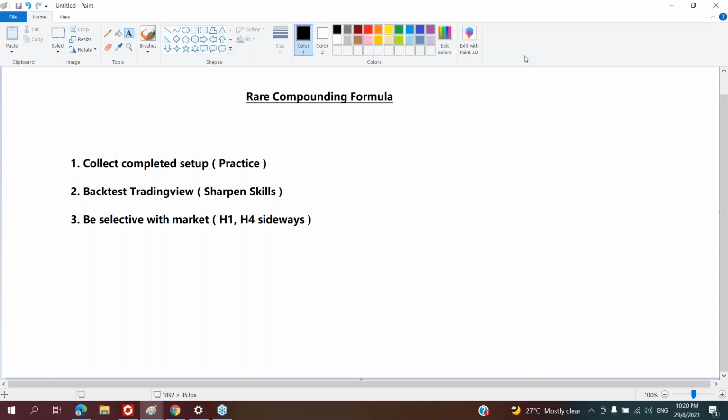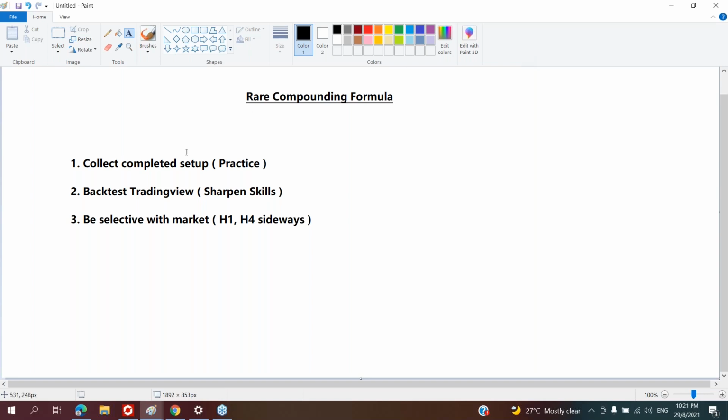For example, if you have $300 capital, you start with 0.50 lot. That's why it's very rare. Some traders don't use it, and some do because it can make you rich real quick, but it depends on the setup or confirmation you choose.